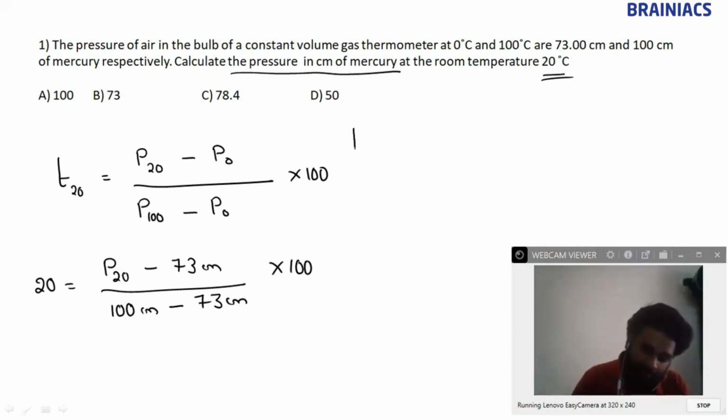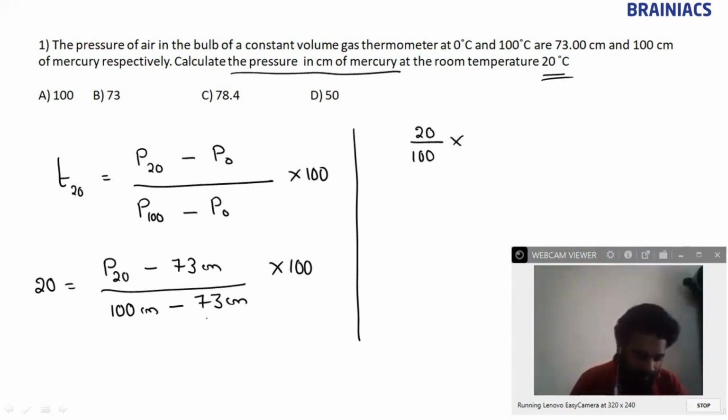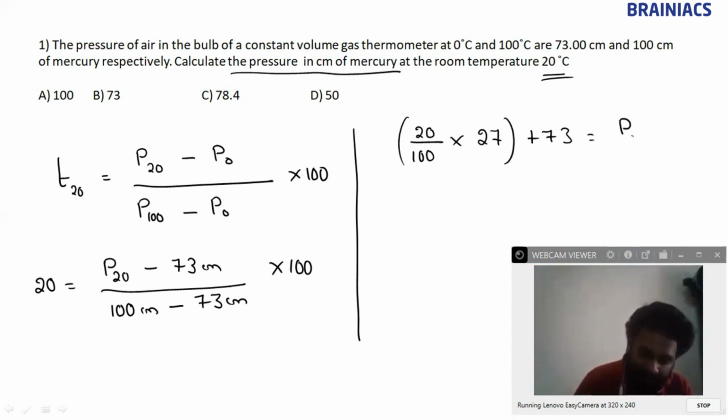If we calculate, we will be getting 20 by 100 into 100 minus 73, which is 27. On the other side it is minus 73, so this term plus 73 will be the pressure at 20 degrees Celsius.